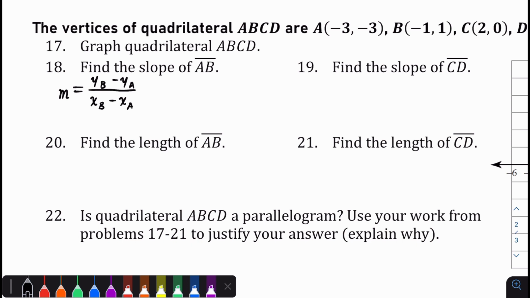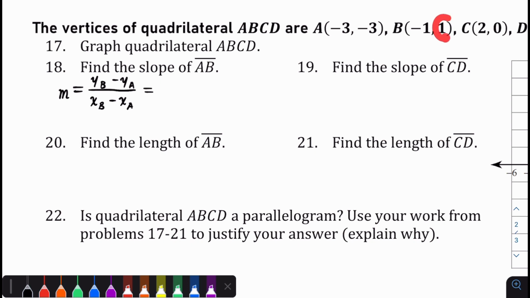So the slope is YB minus YA over XB minus XA. And I'll remind you, those A's and B's, those are subscripts. They're little name tags, basically. It's just telling us which X and which Y we're using. So I'm going to rewrite this.